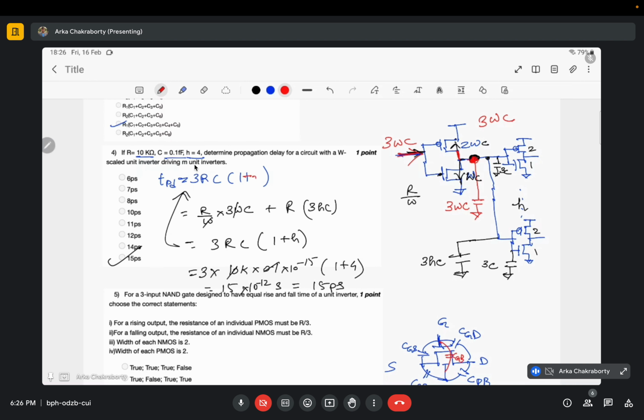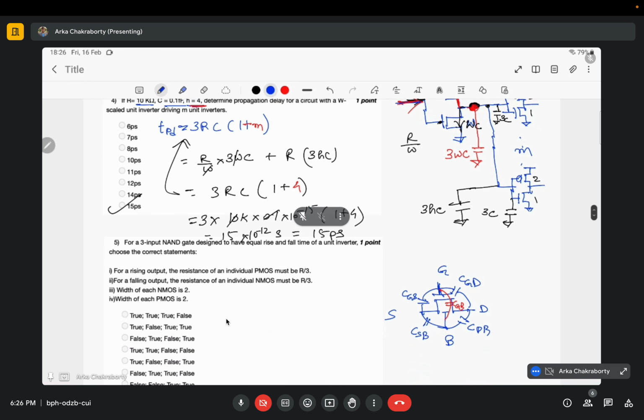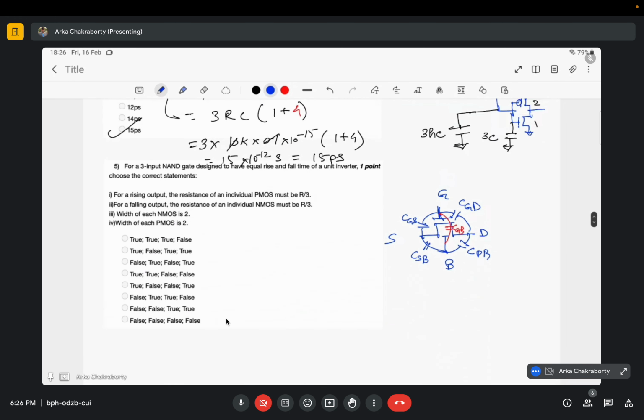It would be M. And as these both were 4, so it was no problem. The answer came correctly, but it should be M. Yes, you are correct. Okay, fine. Thank you for the clarification. I hope it's clear, right?